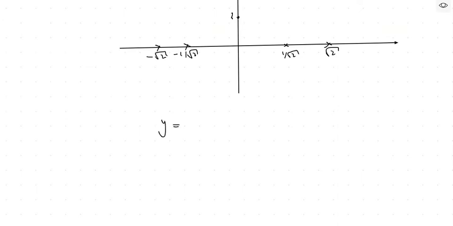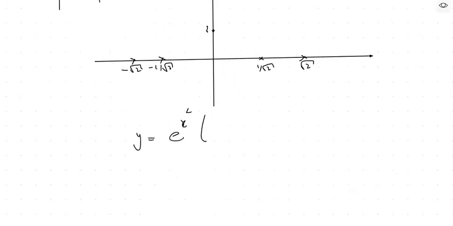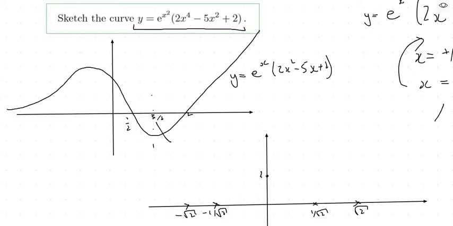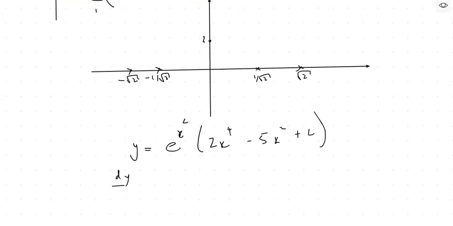So we start with y is e to the x squared, times 2x to the 4 minus 5x squared plus 2. Okay, let's differentiate this.